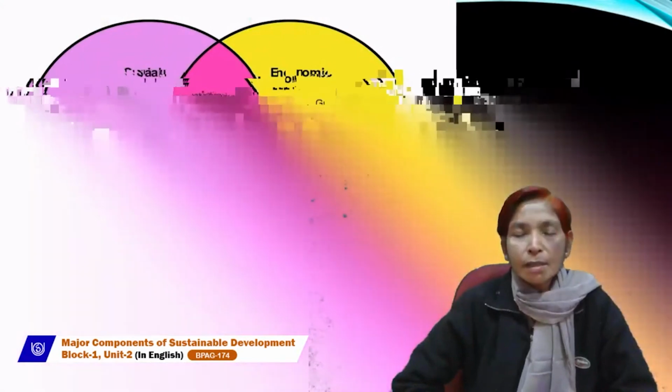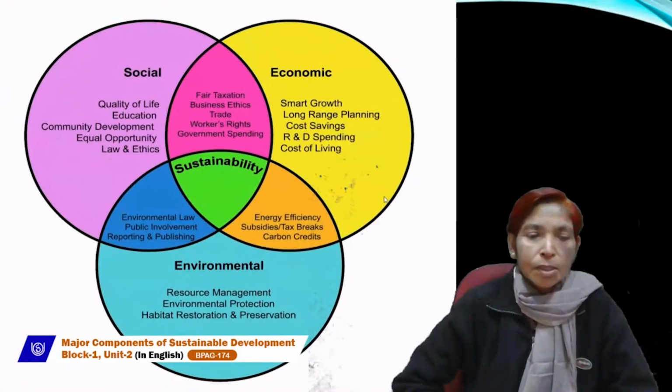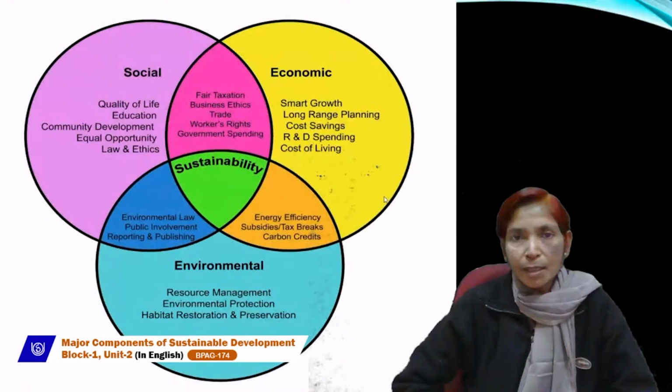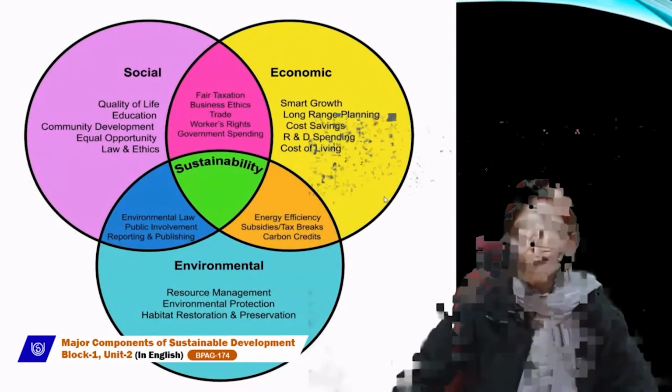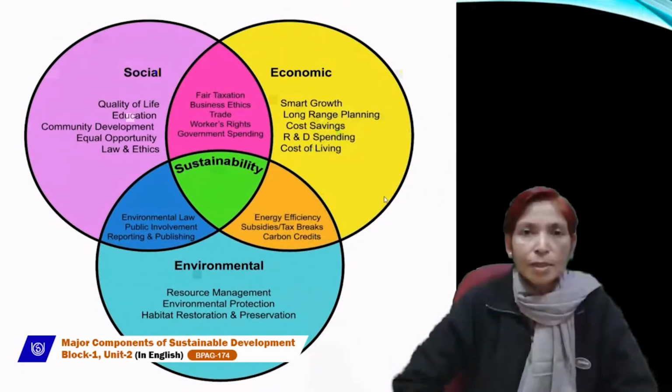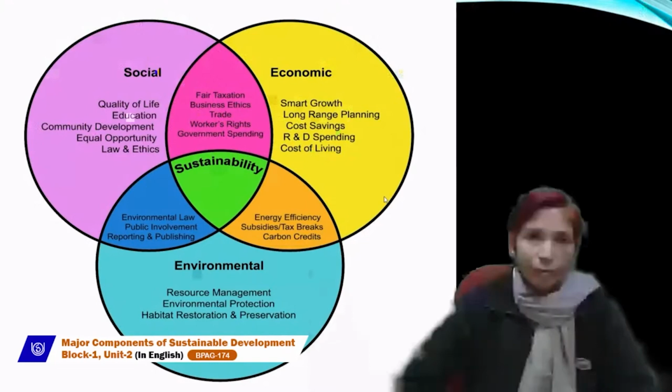And environmental sustainability includes resource management. We know that there are three types of resources. One is human resource, another is natural resource, and third is capital or physical resources. All resources should be used in an efficient or economical way.